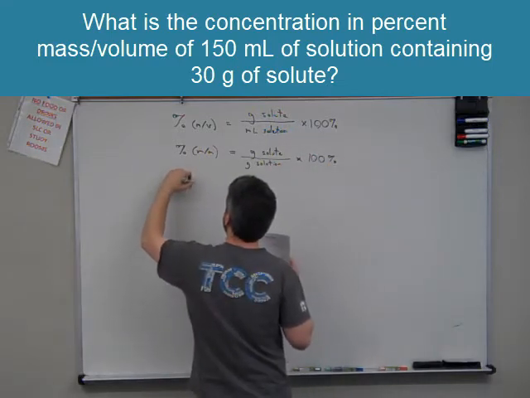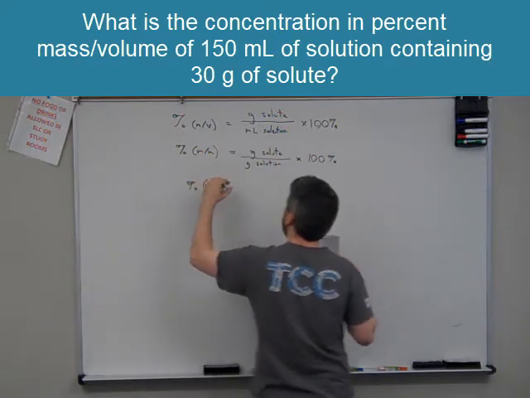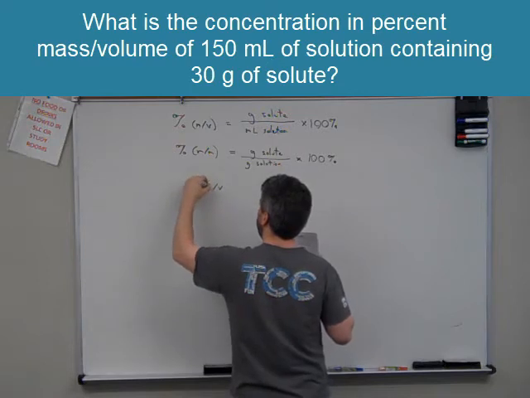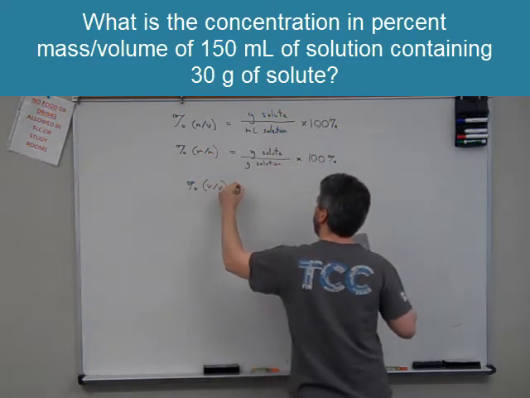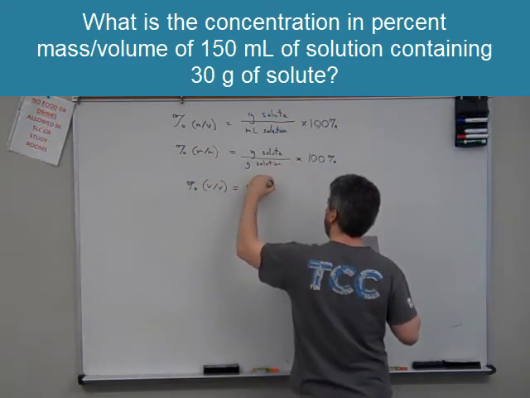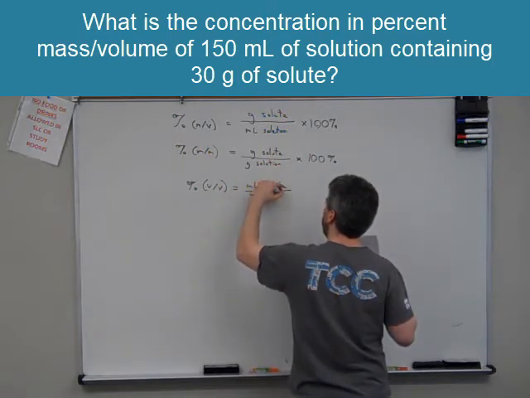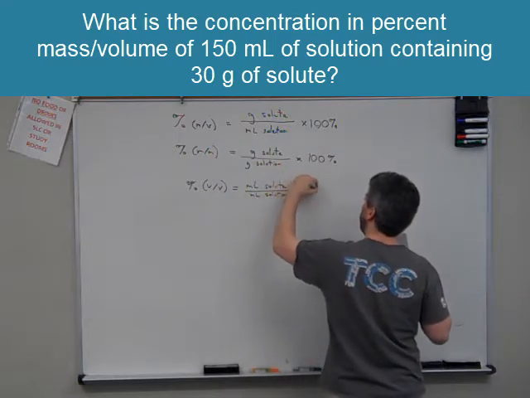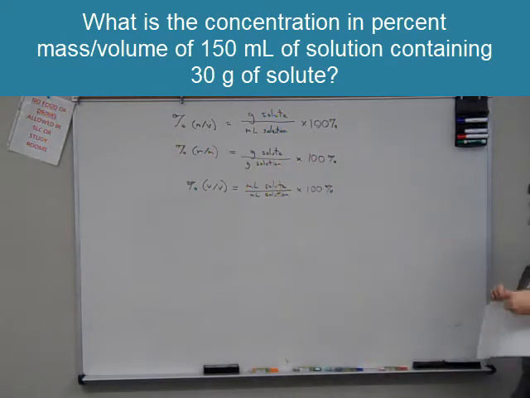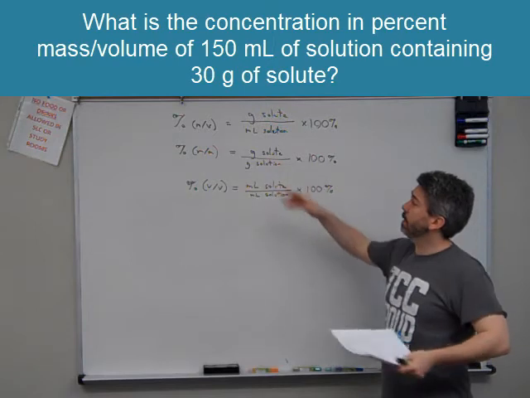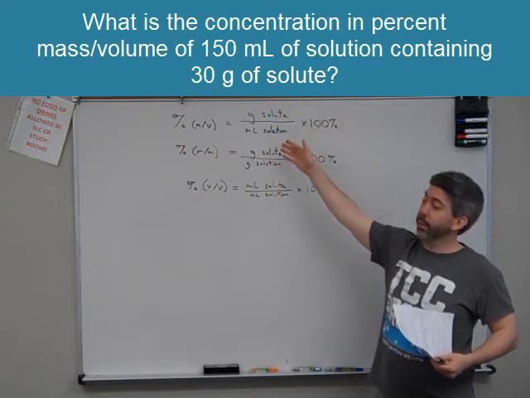And volume percent is milliliters of solute over milliliters of solution, times 100%. So in each of these cases, it's always divided by the solution. And in each of these cases, the mass is always represented in grams, and the volume is always represented in milliliters.